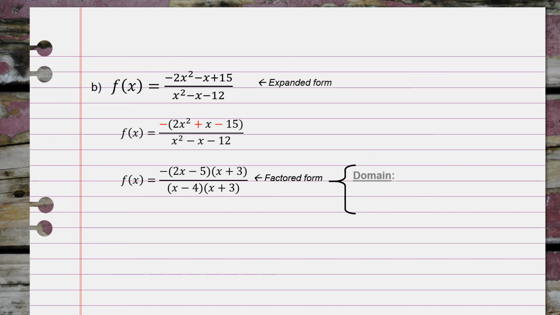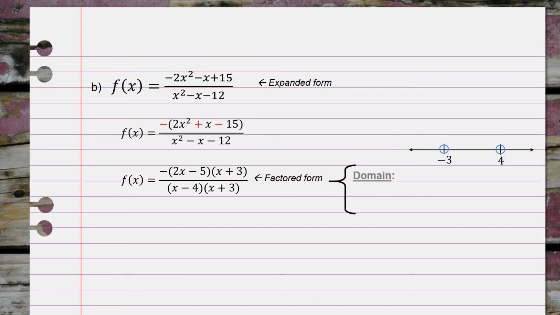Now, to help us write the domain, we are going to draw a number line, and we're concerned with any values that cause the denominator to equal 0. In this case, we see a 4 and a -3 would be problematic. So -3 is on the number line, and so is a +4. X cannot be these values, so they are removed from the domain, which means on the number line, they will be open circles.